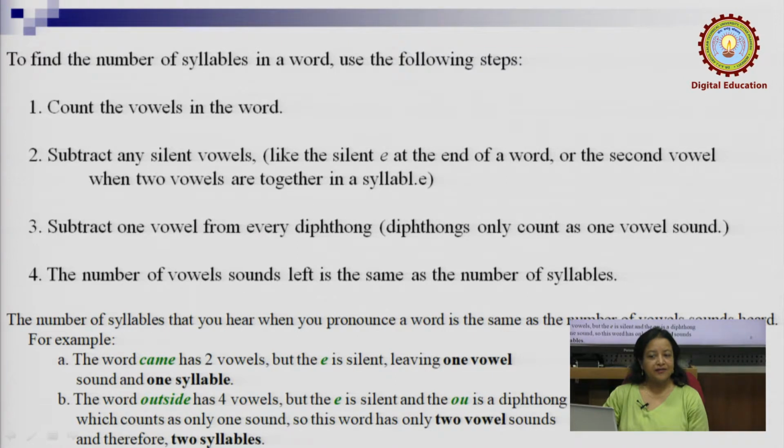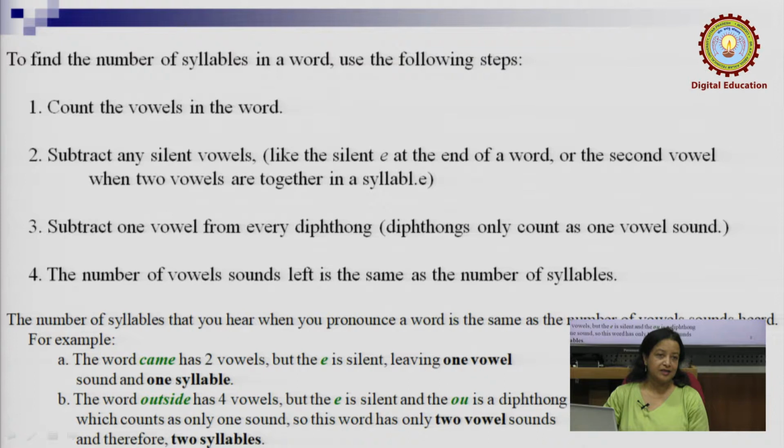Subtract 1 vowel from every diphthong. A diphthong is a combination of 2 vowels. The number of vowel sounds left is the same as the number of syllables. The number of syllables that you hear when you pronounce a word is the same as the number of vowel sounds heard.